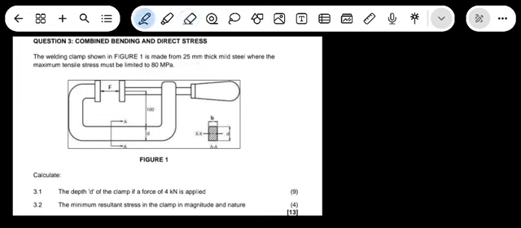How can you go about calculating the depth? You can start by calculating the bending moment. We know it's force multiplied by the eccentric distance. The force applied is 4 kilonewton, so 4 times 10 to the power of 3.